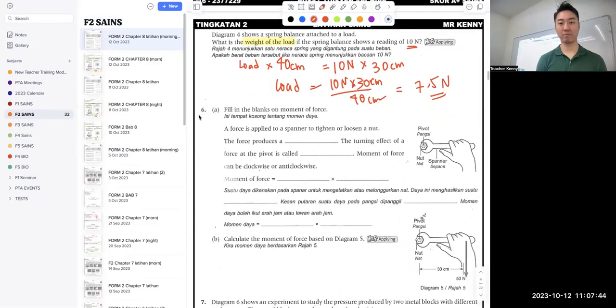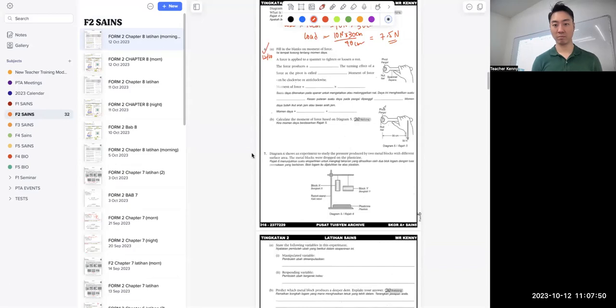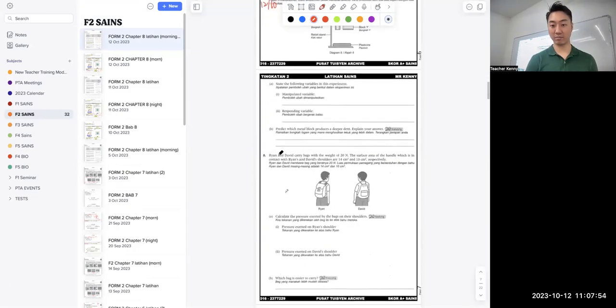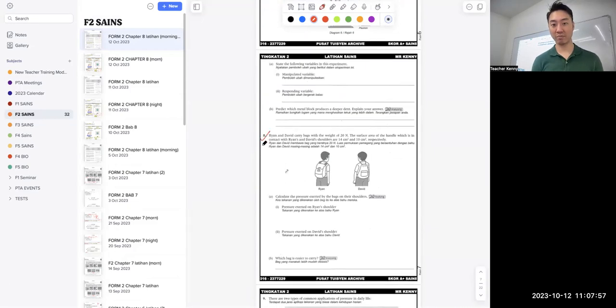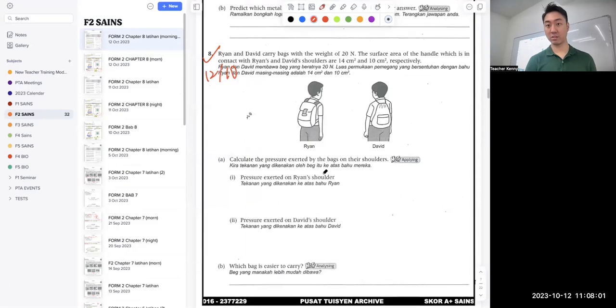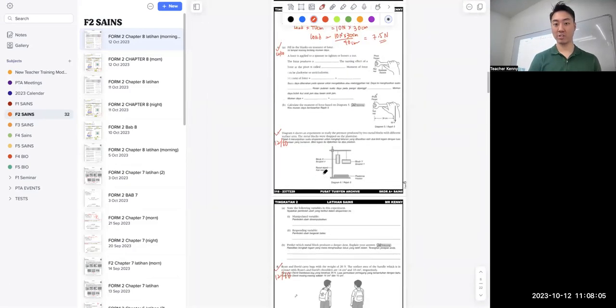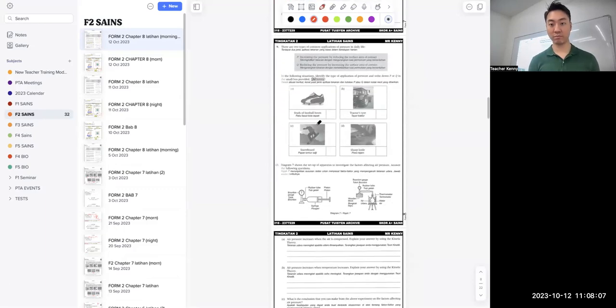Next up. This one is homework. If you finish it, then okay. Have you finished? These three. This one, last one.